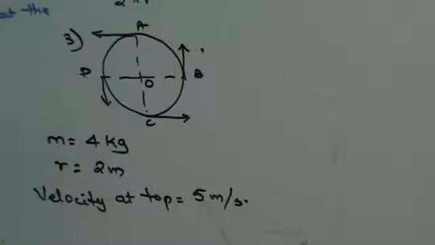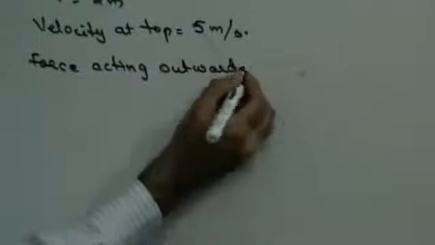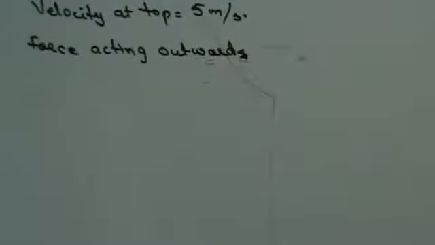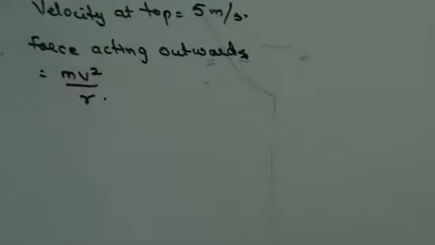Now, that means how is the force acting? The force is acting in outward direction. I can say that the force acting outwards, that is along OA, is going to be equal to my centripetal force, that is mv square by r.